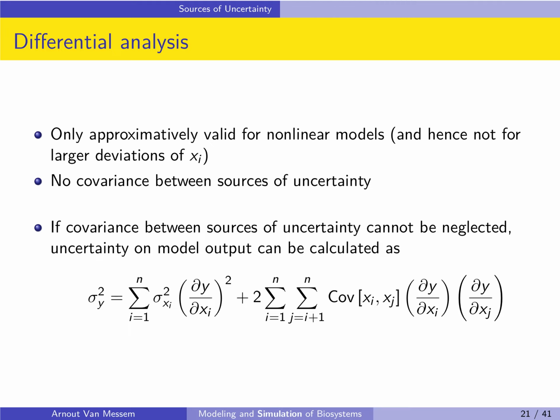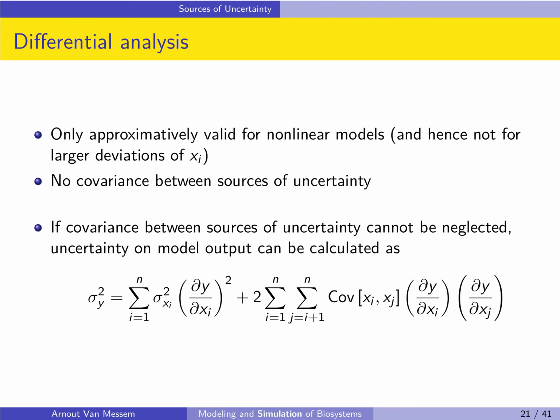So for nonlinear models, this approximation is good if we are in a very small interval around the point that we are looking at, but it is not valid for larger deviations. And again, in our calculation, we did not consider any covariance between the different sources of uncertainty. However, in differential analysis, we can also include covariance terms.